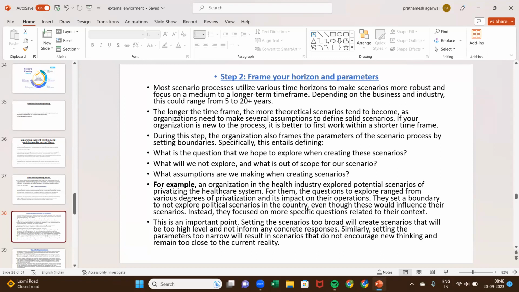But if you consider the scenarios to be too narrow, the results will not be encouraging, and there will not be new ideas, creativity or innovation. So you should have a balanced act when you're selecting the scenarios. Too narrow does not encourage new thinking and remains too close to the current reality.